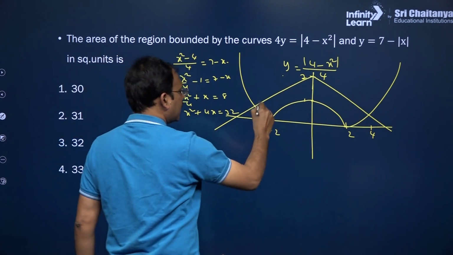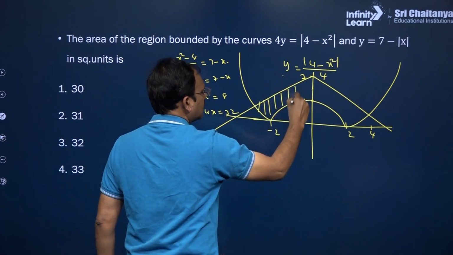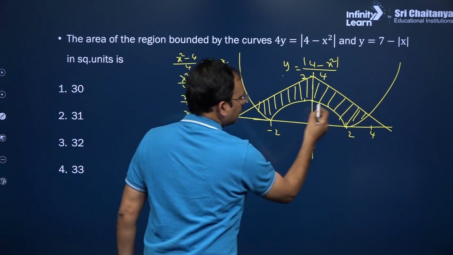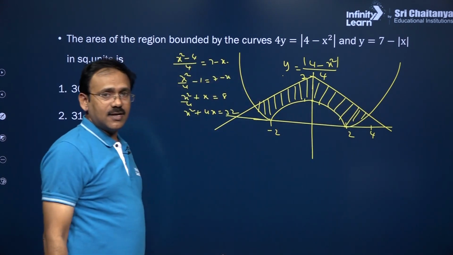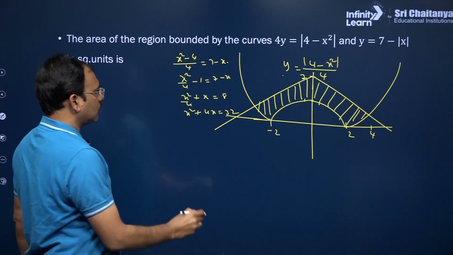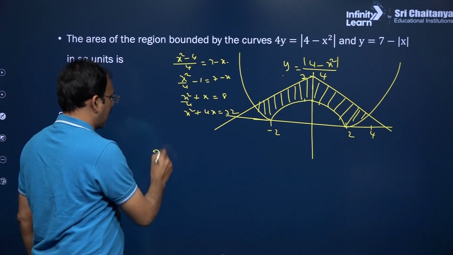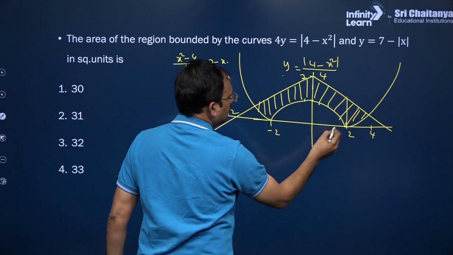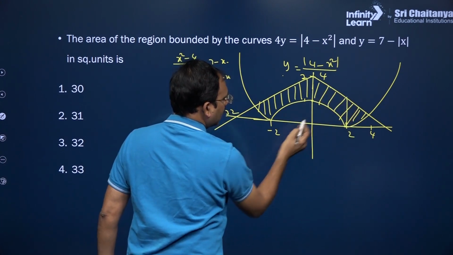What is the area inscribed between these two curves, my dear friends? This is the area, and it is very clear that the left side area and the right side of the y axis are the same. So the area we can take like 2 times, my dear friends. First part area up to here, upper curve is this, lower curve is this.